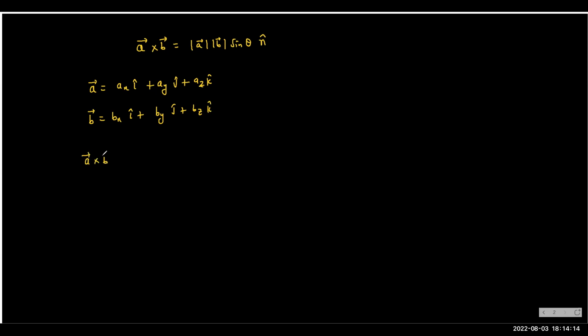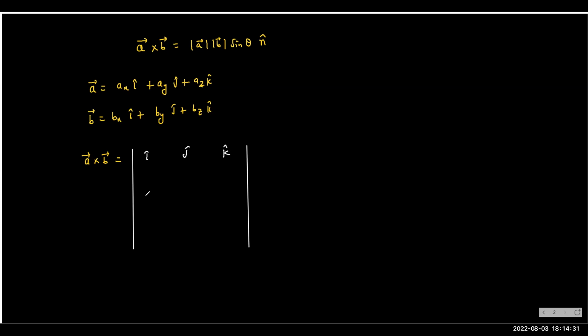If you write A cross B, the order is very important, as I said. So you can rewrite in the determinant form by writing the first row as i j k.